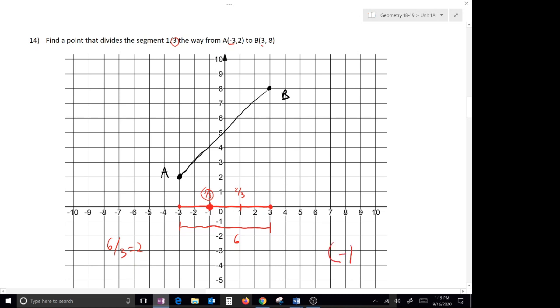Halfway there. Let's do the same thing with our y's. Well, our y's go from +2 to +8. So looking at our y-axis here, we go from +2 to +8. Again, that is a distance. Let me do this over here.